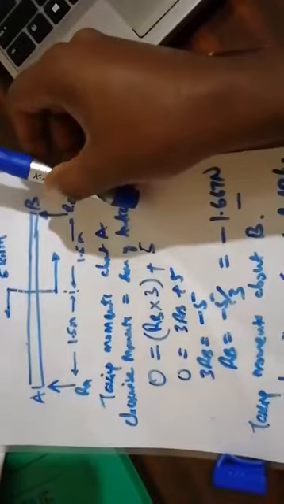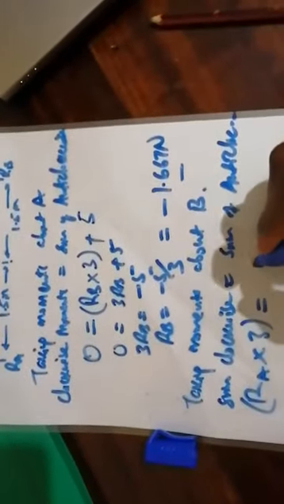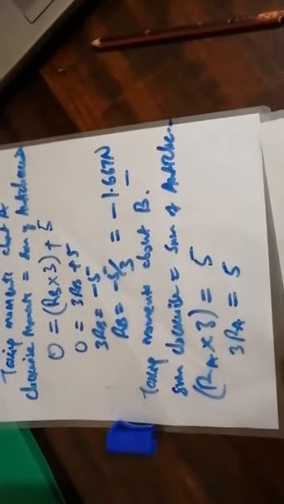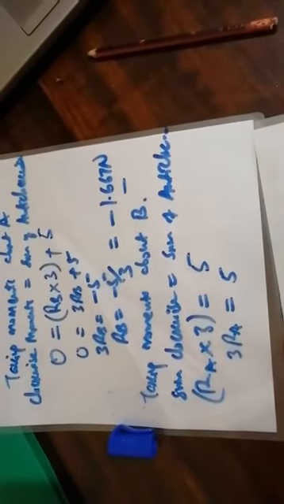It is the only clockwise moment, and it should be equal to the anti-clockwise moments. In this case, the couple is the only thing trying to rotate our beam anti-clockwise, so it should be equal to the 5 kilonewton meters. Therefore 3RA equals 5. Therefore RA should be equal to 5 over 3, which is 1.667 newtons.